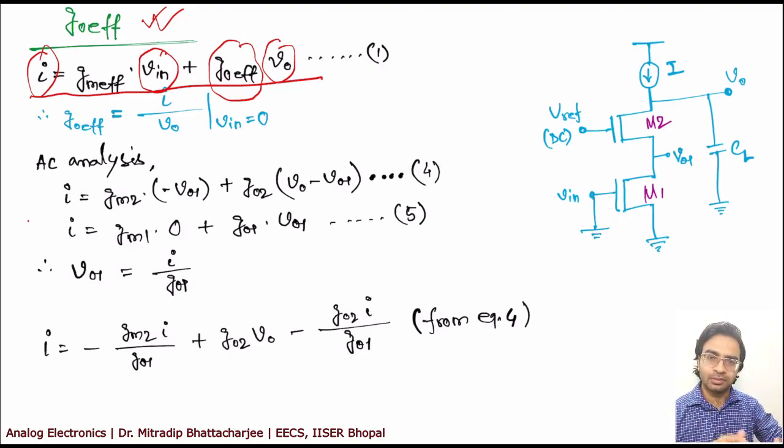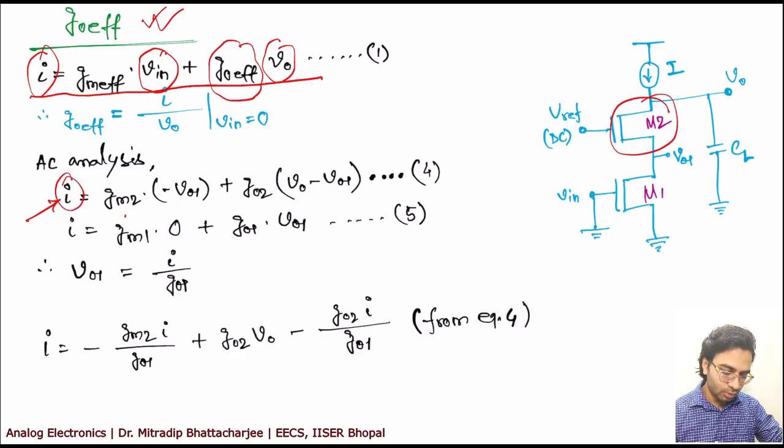Similar type of solution. So for AC analysis, just like the previous case, for M2, your I will be GM2 into minus V01. I already have discussed why it is minus V01. Then you have GO2 in this case into V0 minus V01, because now this is not equal to 0.